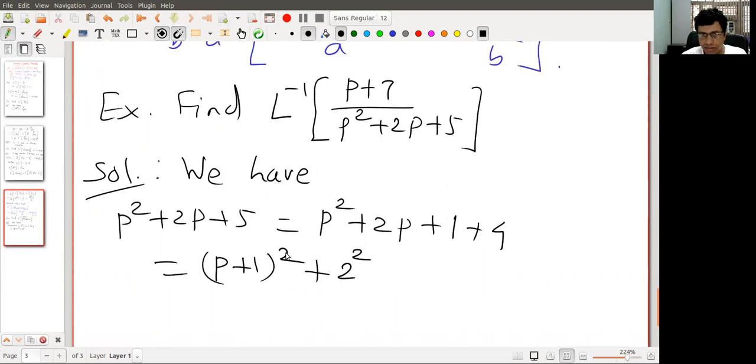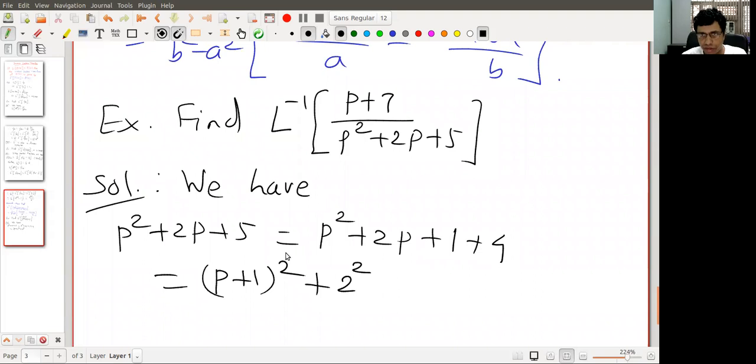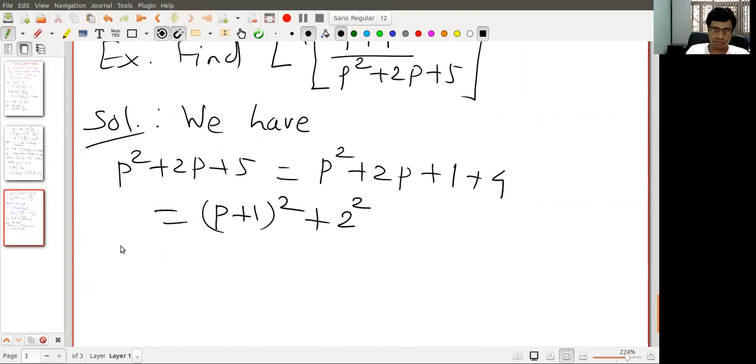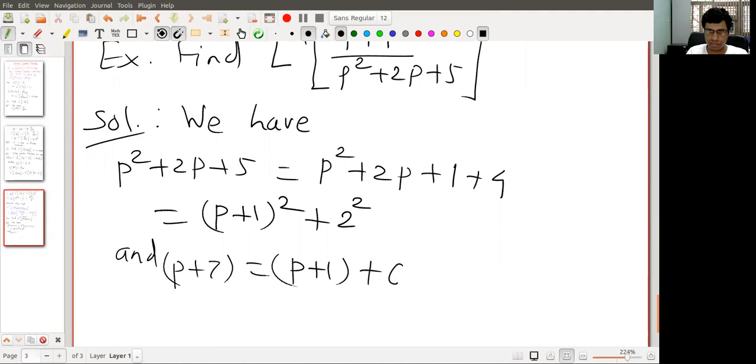Second thing is, since we are writing p plus 1 in the denominator, we also try to write the numerator as p plus 1. Okay, so we write p plus 7 as p plus 1 plus 6.